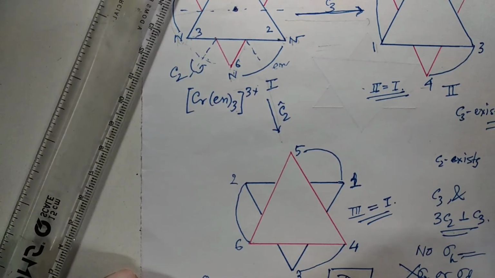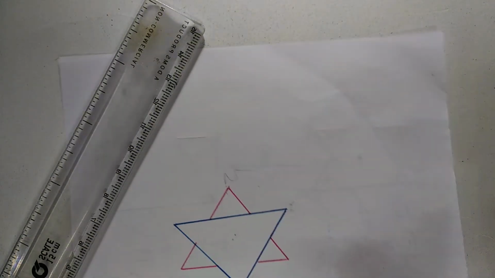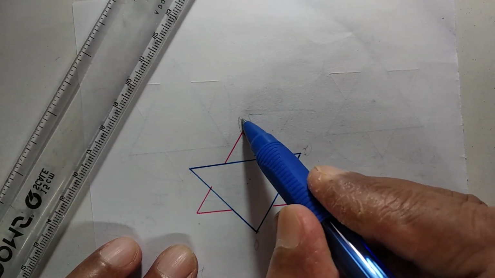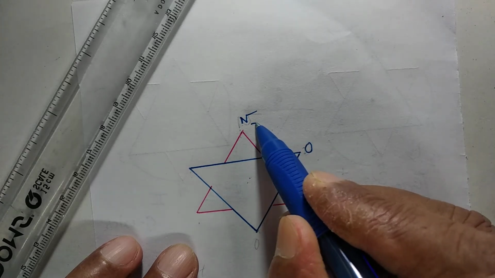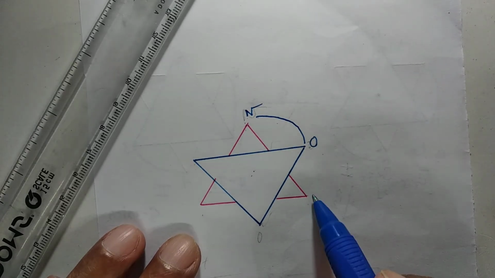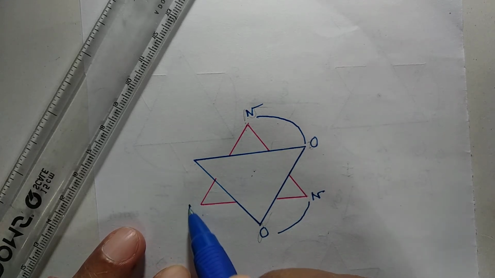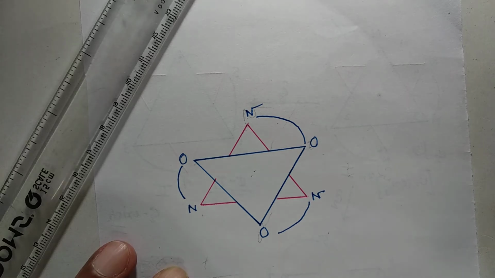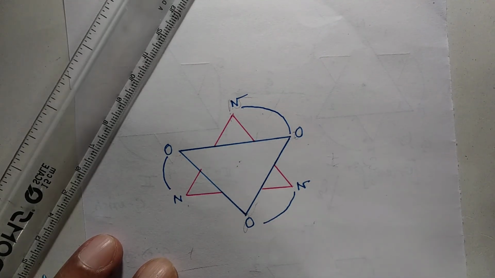That also will belong to point group D3. And let us next consider the tris glycinato complex. In that case, we have N, O, N, O, N, O. Like this, the glycinato complex.